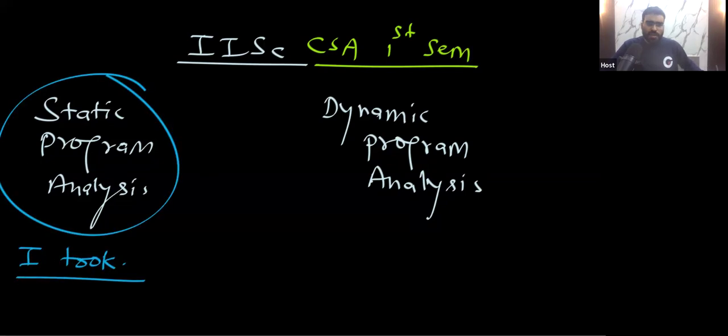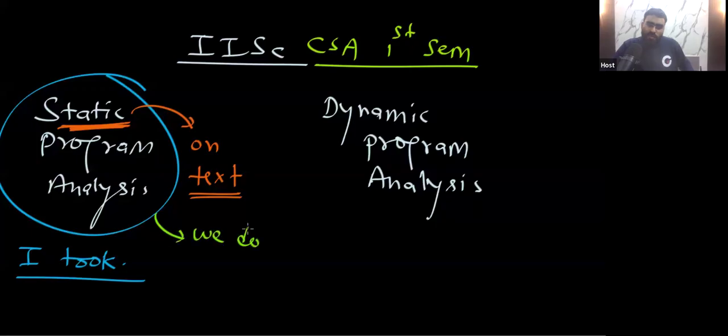In these two courses, what happens? In static program analysis, the analysis happens on the text. Static means on text. In this course, we don't run the program. Is this point clear?